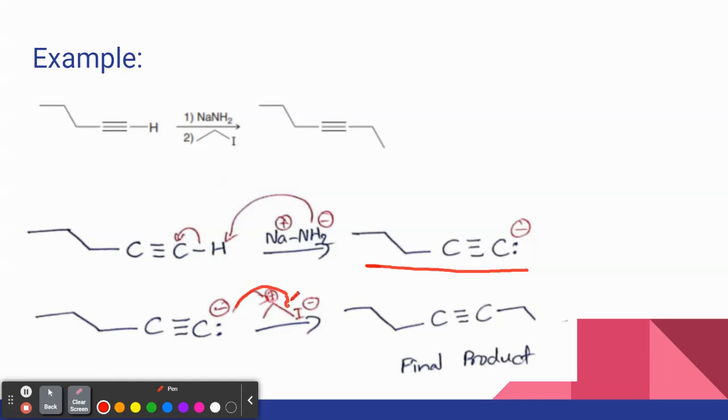We grab the ethyl from the ethyl iodide and expel the iodide ion, and the final product we get is this product right here, where the ethyl connects to the carbon. This is the alkylation process, which goes from the terminal alkyne into an internal alkyne.